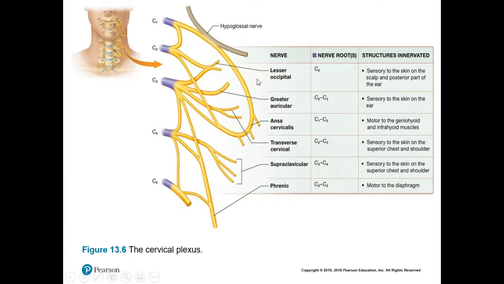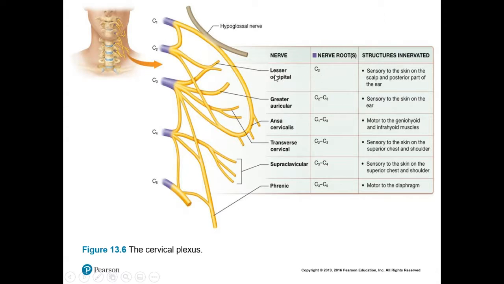So we have a lesser occipital, for example, division. We have a greater auricular division, ansa cervicalis, a transverse cervical division, supraclavicular division here, and then a phrenic division, right? So C2 would be lesser occipital.